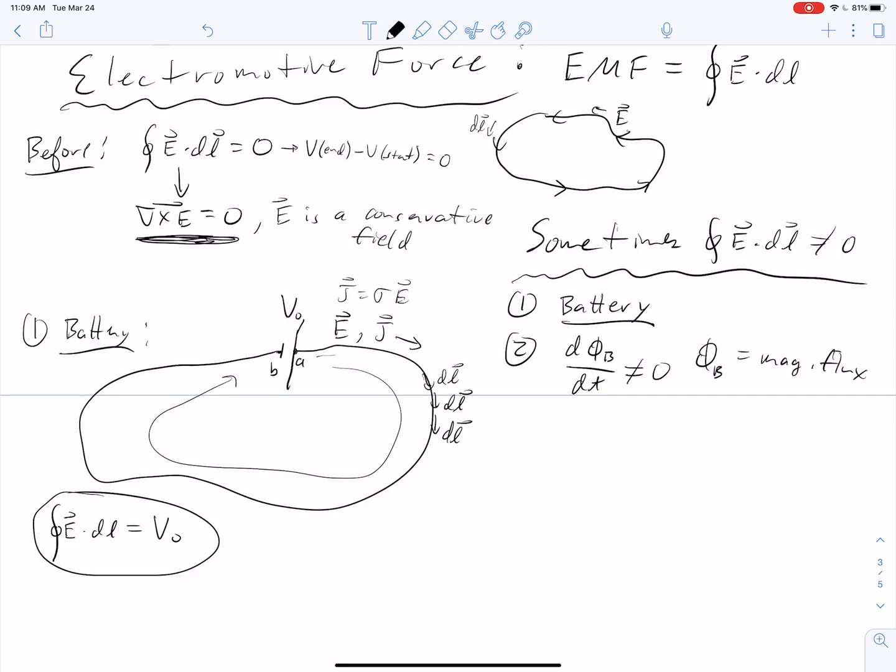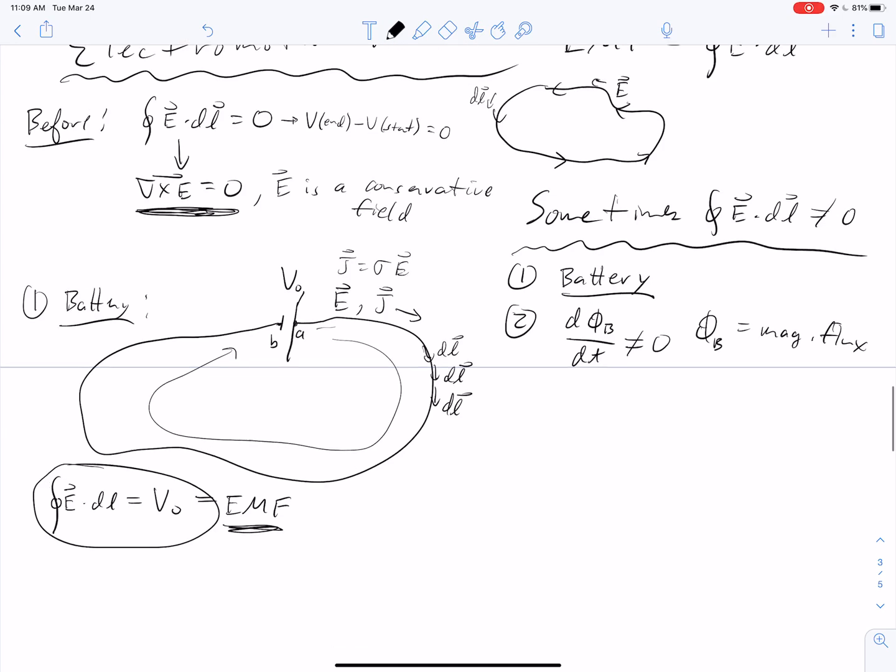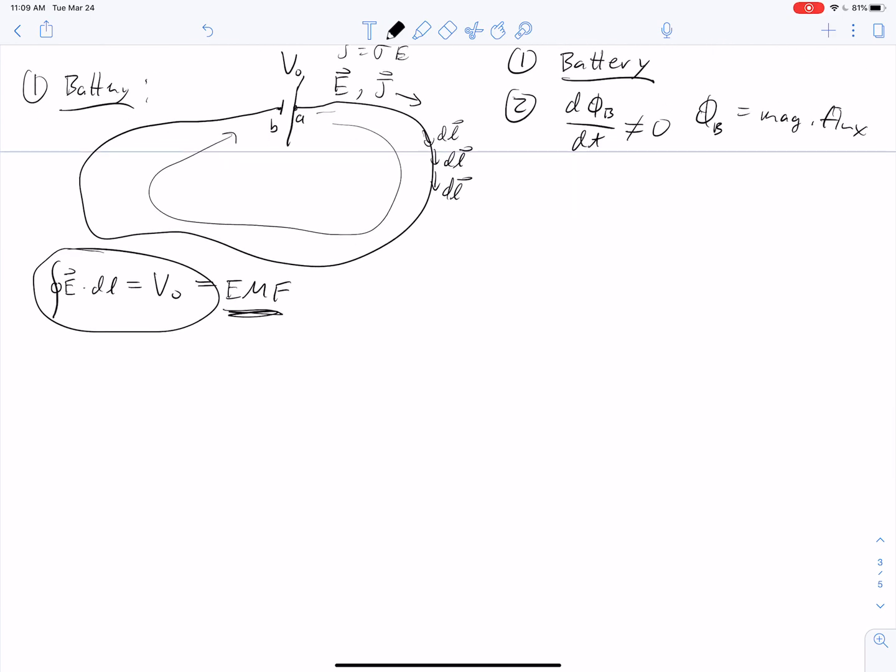And so we would say that V naught is the EMF. We can think of the battery as providing an electromotive force, the EMF that's pushing the electrons along. That's one way of thinking about it.